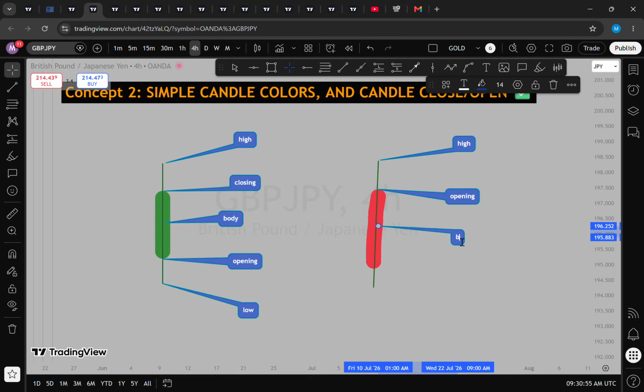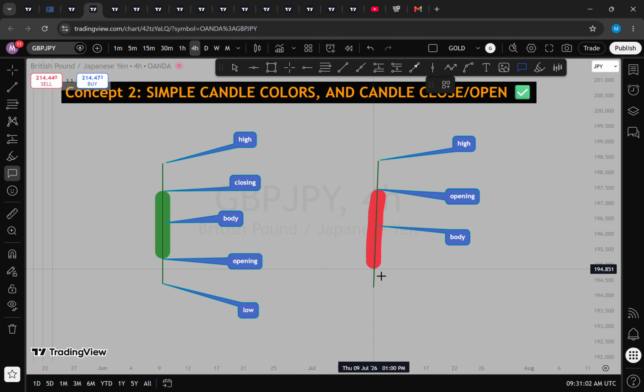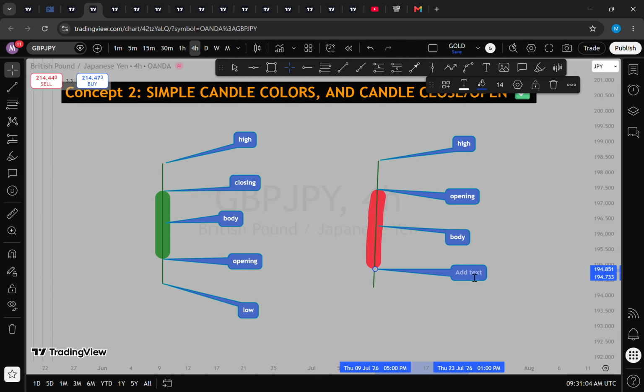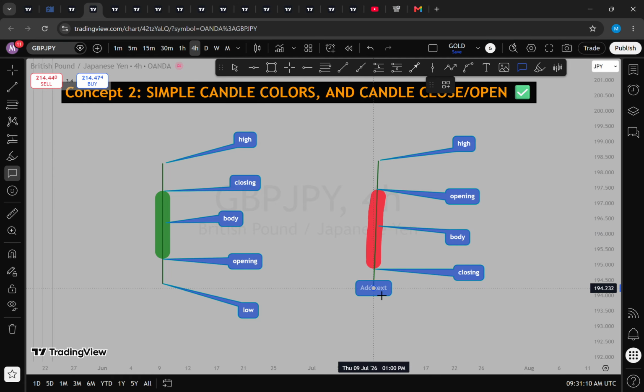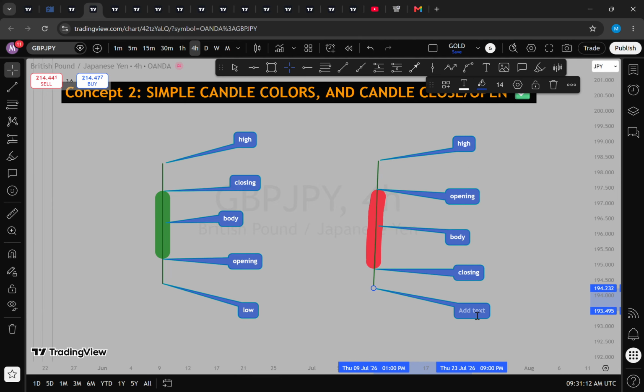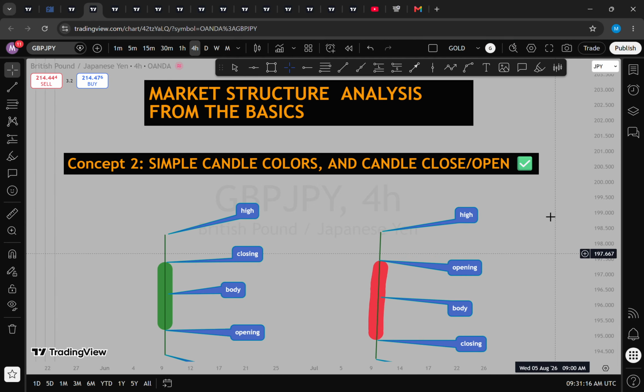This is the body of the bearish candle, and this is the closing of the bearish candle, and this is the low of the bearish candle. Okay, now great.